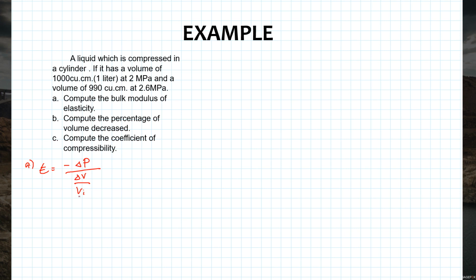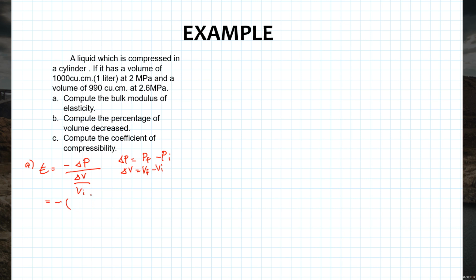Let's solve first: what is delta P? Delta P is just the final pressure minus initial pressure, while delta V is your final volume minus initial volume. So we substitute all that here.